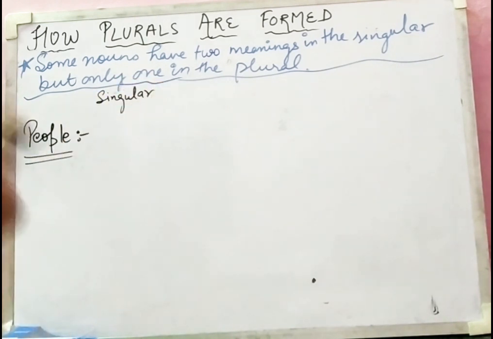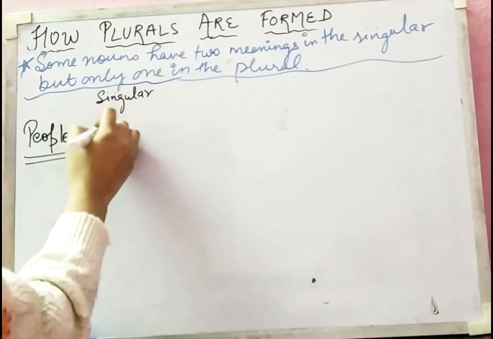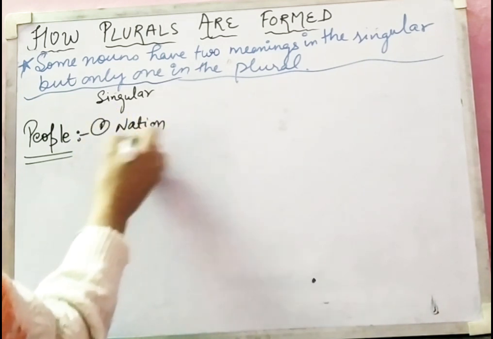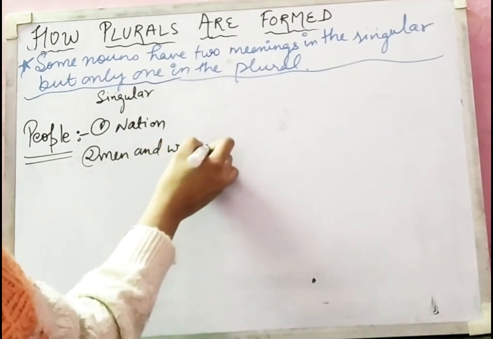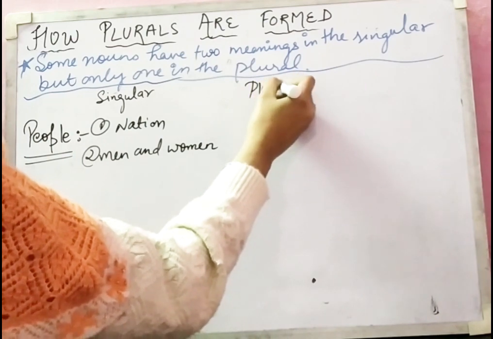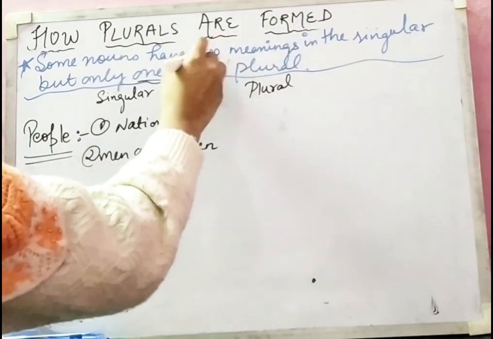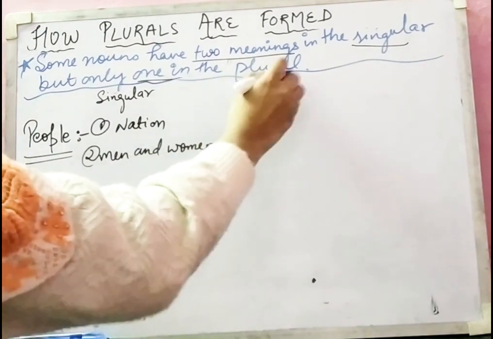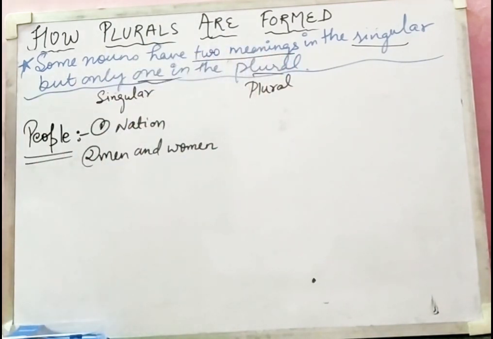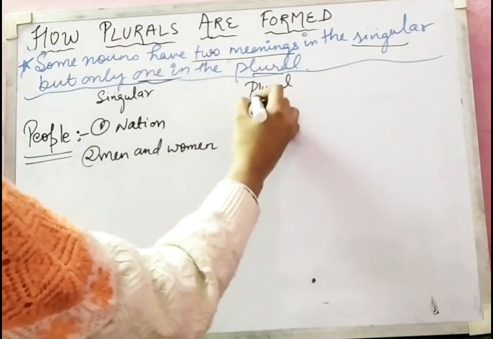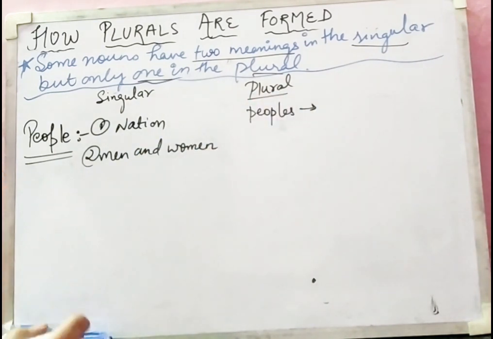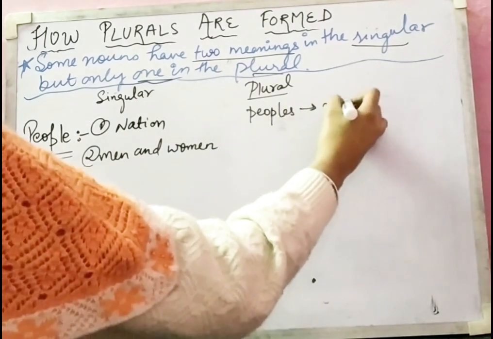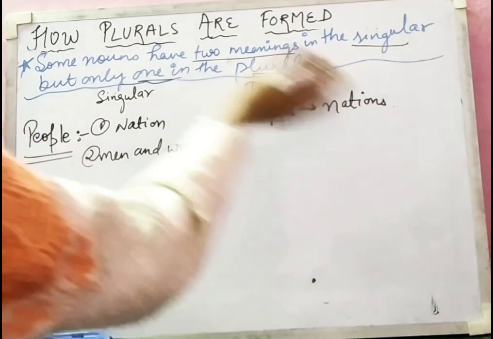In singular there will be two meanings, that is nation, and the other is men and women. And in plural there will be only one meaning: two meanings in singular and one meaning in plural. The meaning in plural is nations. Means the word changes into peoples, and the meaning will be nations. So this is the example of this part.